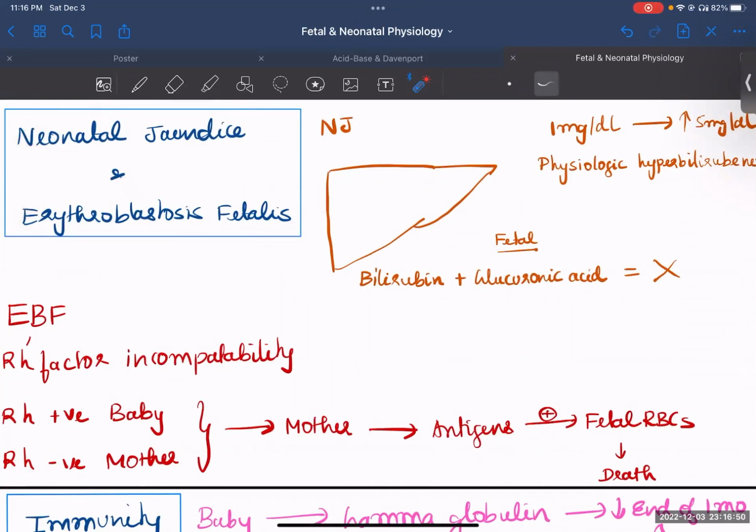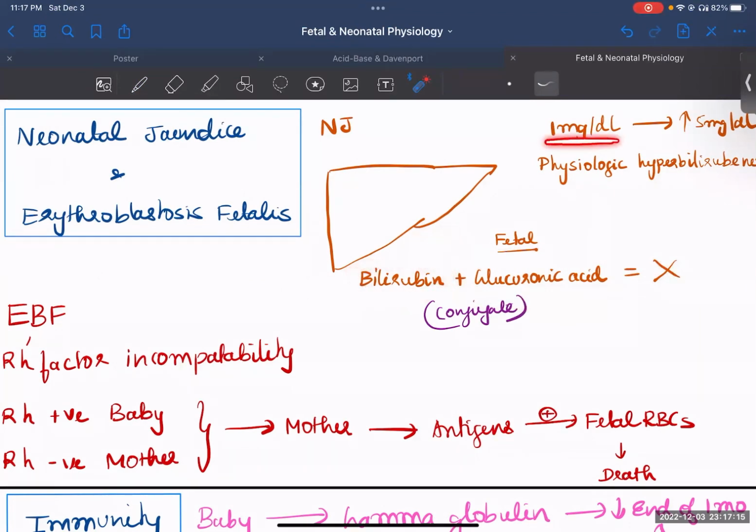Neonatal jaundice. See, when the baby is born, the baby's liver is not fully developed. It takes time. So the liver is not able to conjugate the bilirubin with glucuronic acid. That is not happening. So as a result, bilirubin will accumulate.